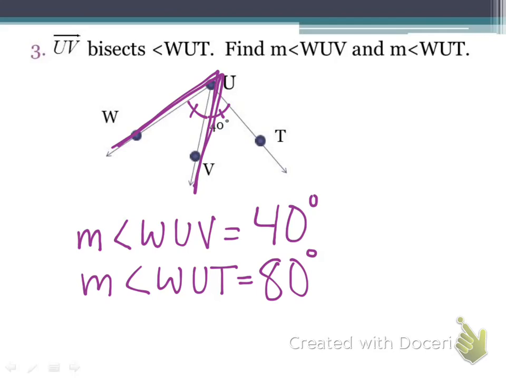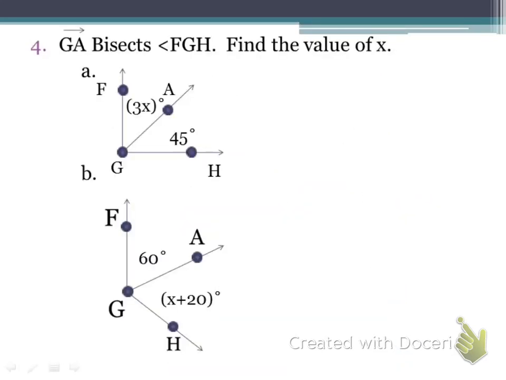Ready for our last example? All right. It has 2 parts. Again, if you label your diagrams, you can avoid writing out that ray GA bisects FGH. You can show that information with a well-labeled diagram.